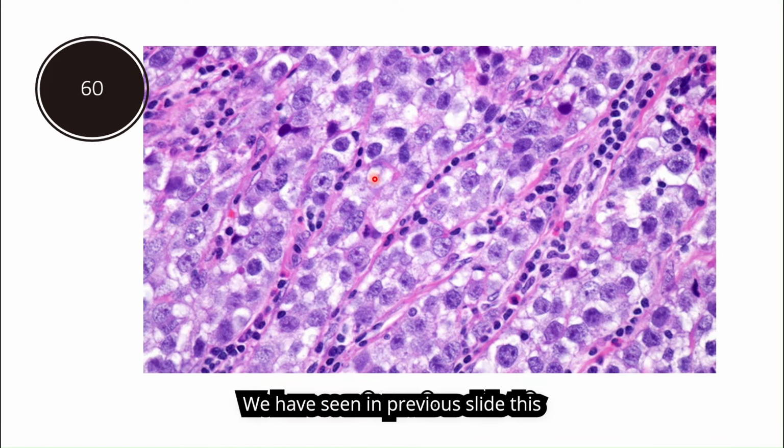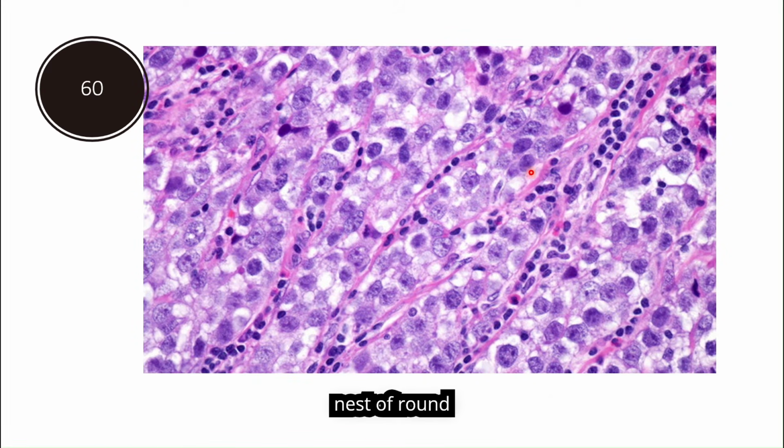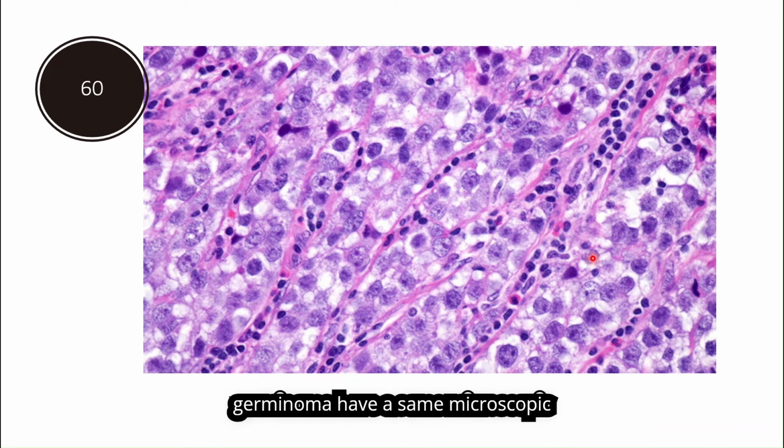We have seen in the previous slide this type of architecture, meaning nests of round cells surrounded by septa which are infiltrated by lymphocytes. So if you find this type of features in female genital tract, then it is germinoma. So seminoma and germinoma have the same microscopic features, right?